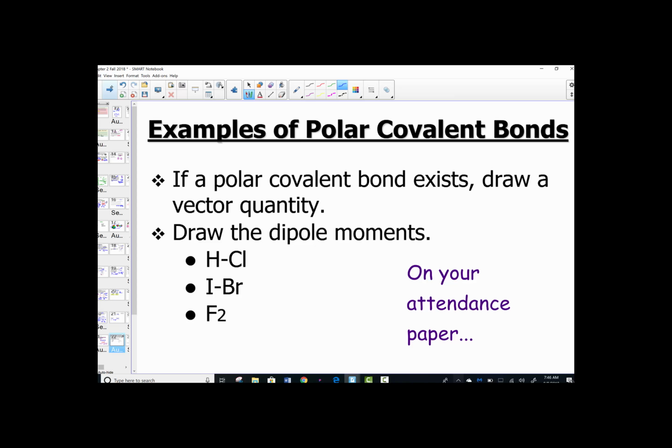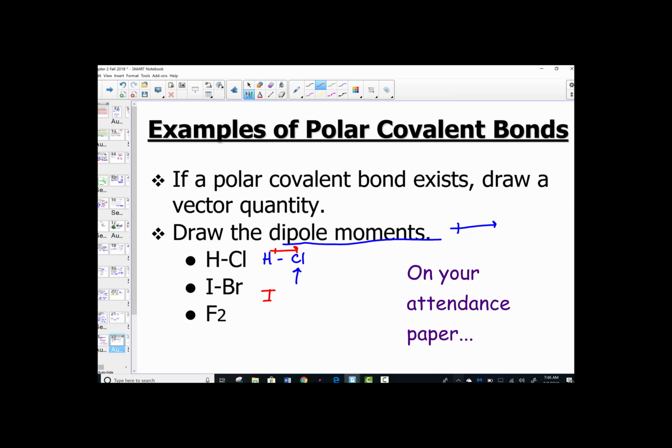The more electronegative element will pull the electron distribution towards itself. So we'll take a hydrogen and a chlorine, knowing that chlorine is more electronegative, it's closer to fluorine, and we simply draw the dipole moment. That tells me to use the arrow to show the direction of the distribution of charge. The dipole moment here would lie with the chlorine, the more electronegative element.